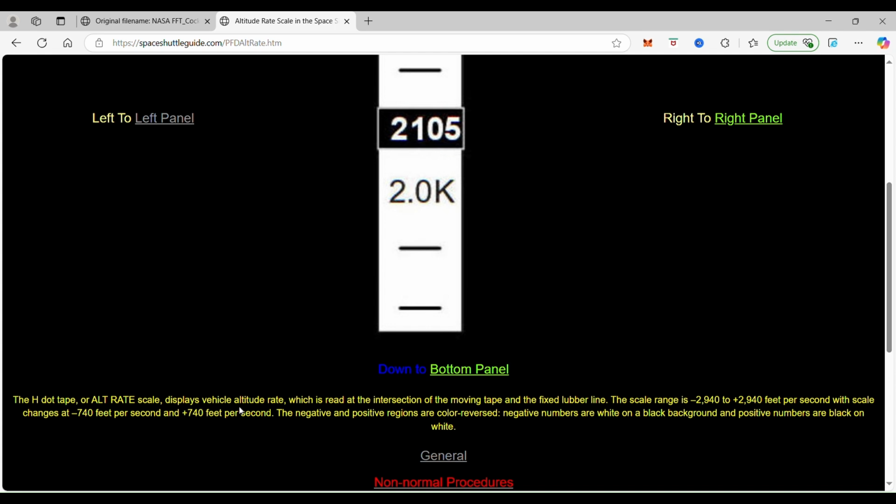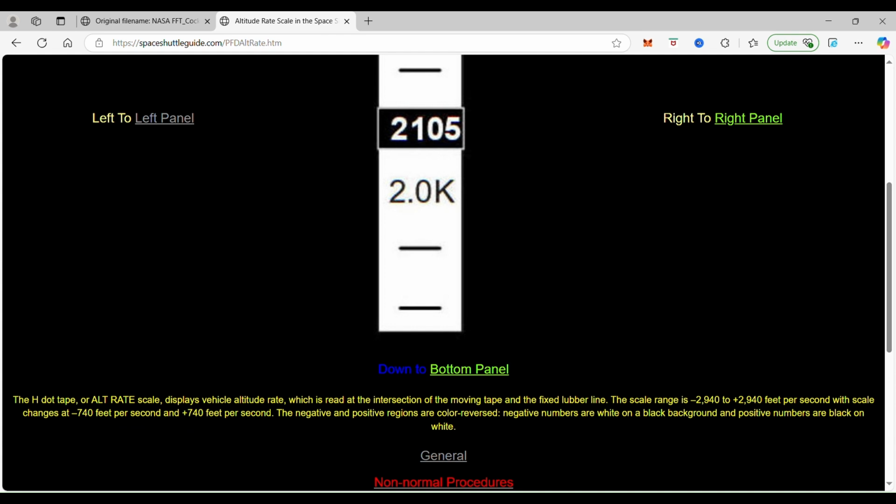This displays the vehicle altitude rate, which is read at the intersection of the moving tape and the lubber line. The scale is from minus 2,940 to plus 2,940 feet per second, with the scale changing at 170 feet per second and positive 700 feet per second.